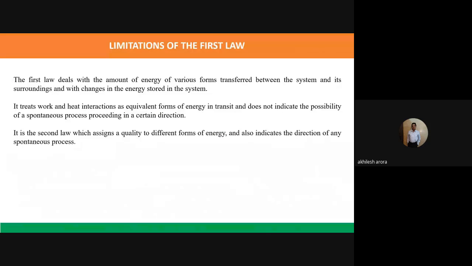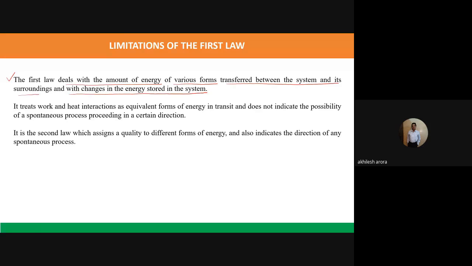Now, what are the limitations of the first law of thermodynamics? The first law of thermodynamics deals with the amount of energy of various forms transferred between the system and its surroundings, and with changes in the energy stored in the system. Let us try to understand it once again.